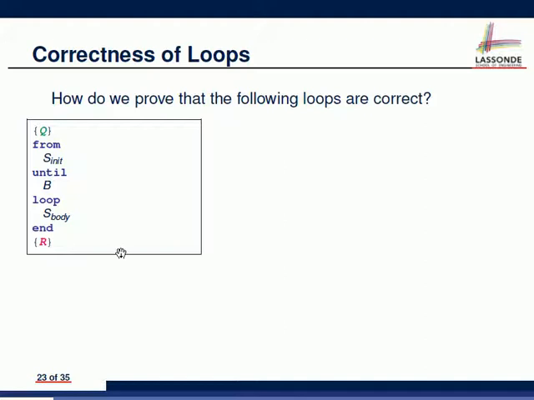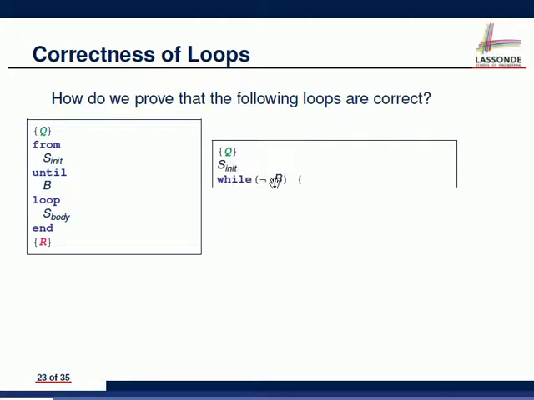Now, how would the corresponding loop look in C or in Java? Basically, everything is going to be very similar. You can see that we still have the precondition to start with, and then we execute the initialization step just once. And then we have the while loop, for example.